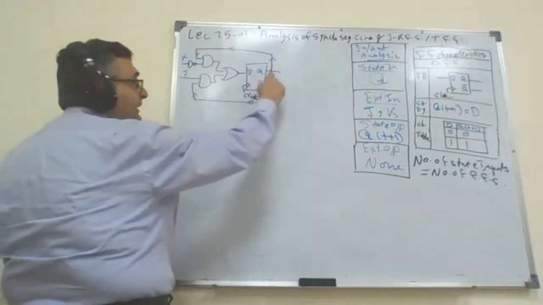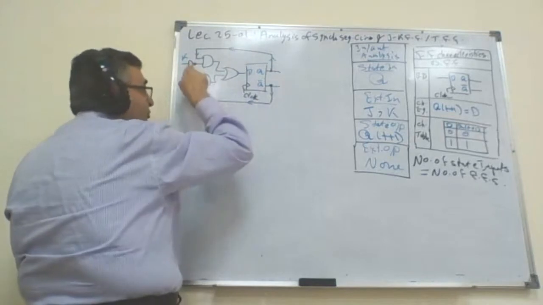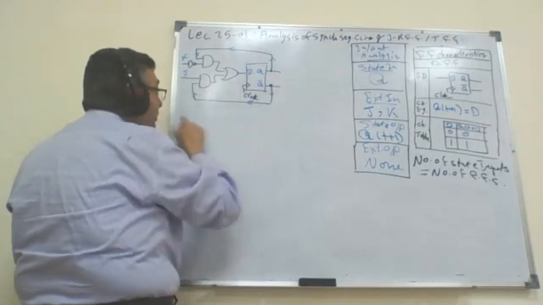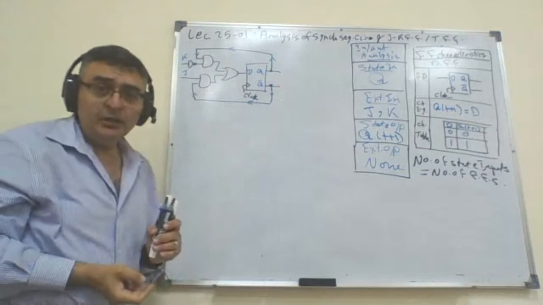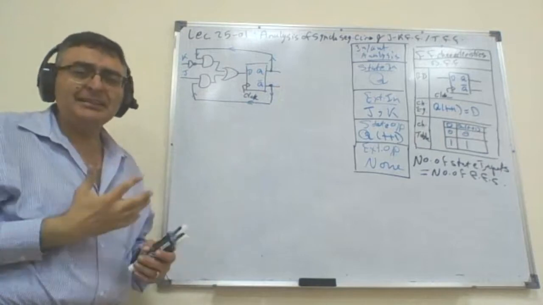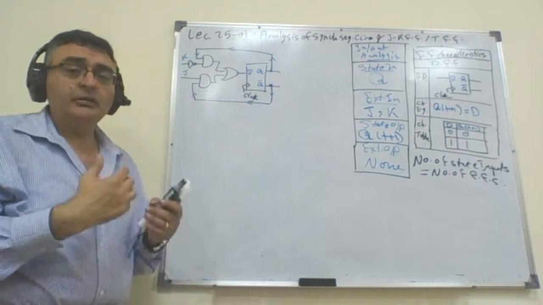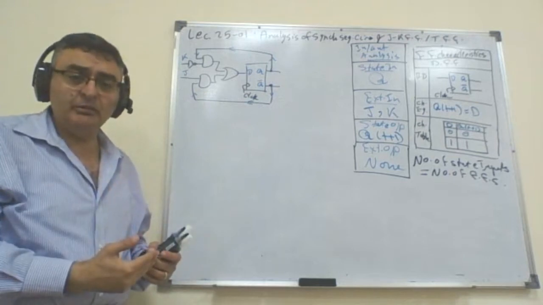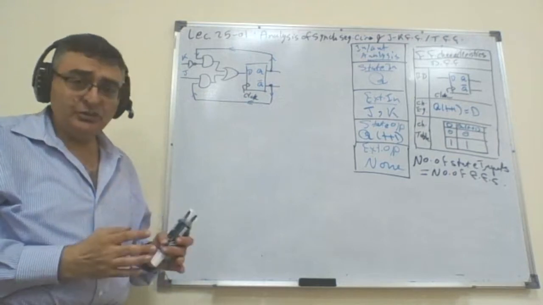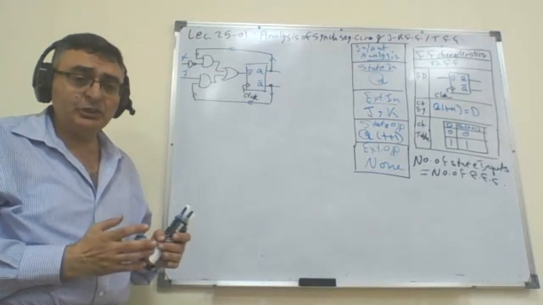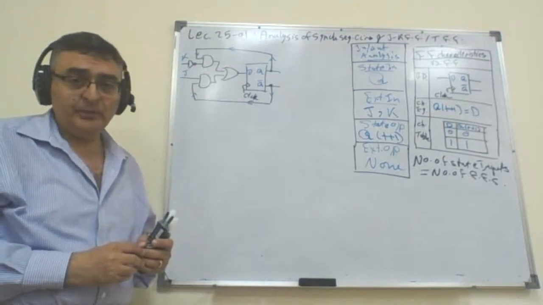We can see that this Q is connected to the feedback, and this Q bar is connected to the feedback. This makes a little bit of confusion for the students. Don't worry. The methodology that we will describe right now is so simple, so easy, that you can analyze any sequential circuit without any worries.